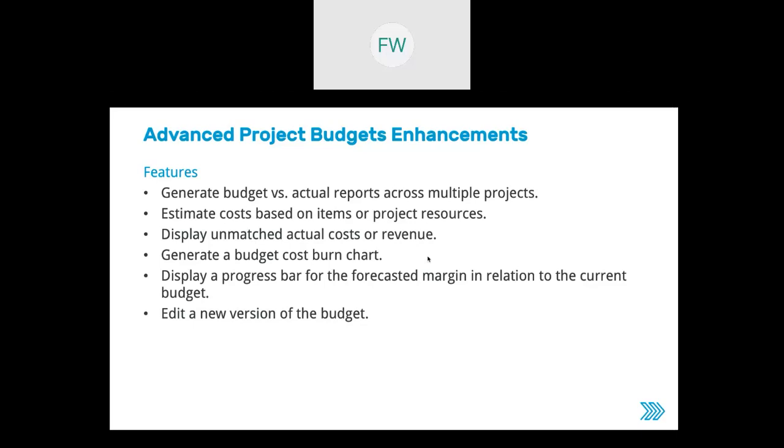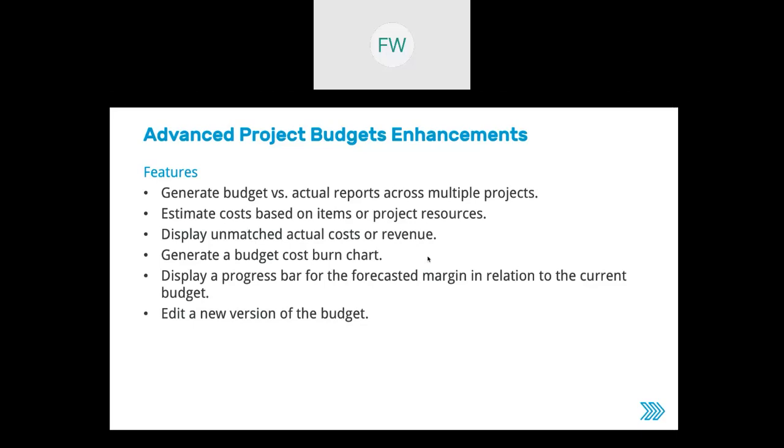You can display unmatched actual cost or revenue. So with the expense report I created, first I didn't enter any project task or activity code. Then it showed as unmatched cost in my budget. So I could easily allocate this expense report and fix it.